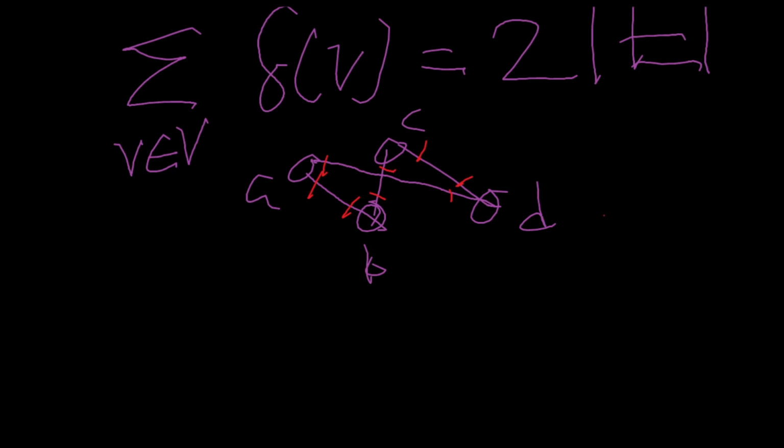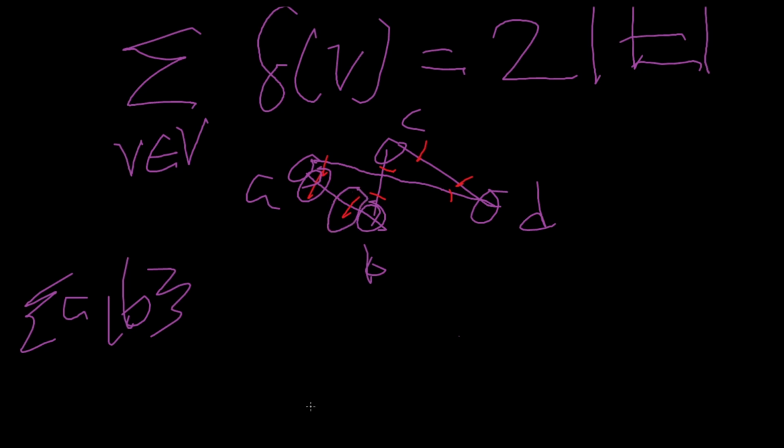Say the edge AB. AB will be marked once to add to the valence of A, and once again to add to the valence of B, and the same logic can be applied to every other edge we have.